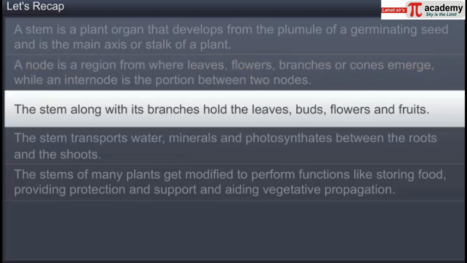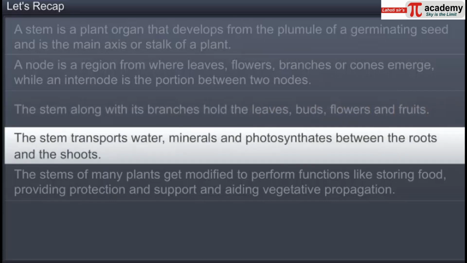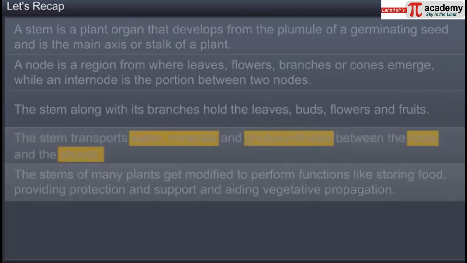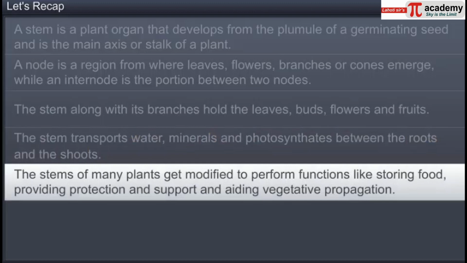The stem, along with its branches, holds the leaves, buds, flowers and fruits. The stem transports water, minerals and photosynthates between the roots and the shoots. The stems of many plants get modified to perform functions like storing food, providing protection and support, and aiding vegetative propagation.